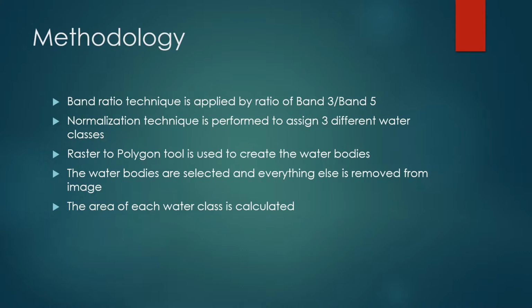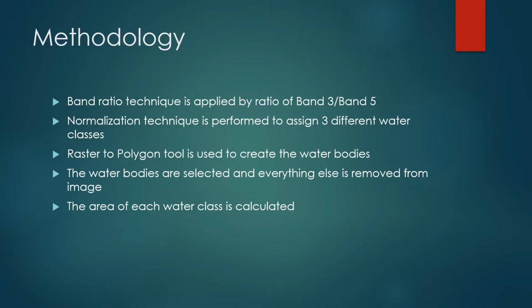Next, the raster to polygon tool in ArcMap is used to create the water bodies. The water bodies are then selected, and everything else from the image is removed. And lastly, the area of each water class is calculated, and this data is used for analysis of the shallow areas that contain a lot of sedimentation.